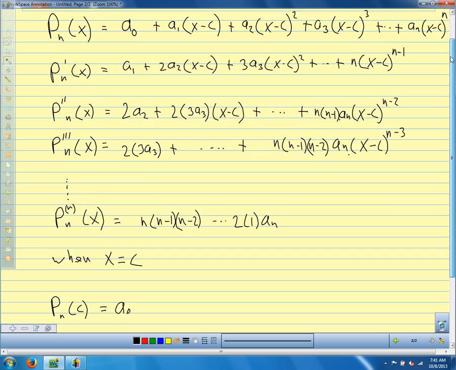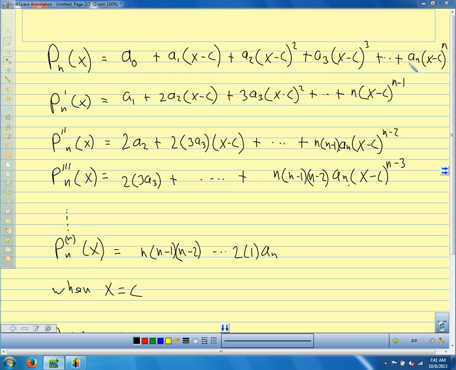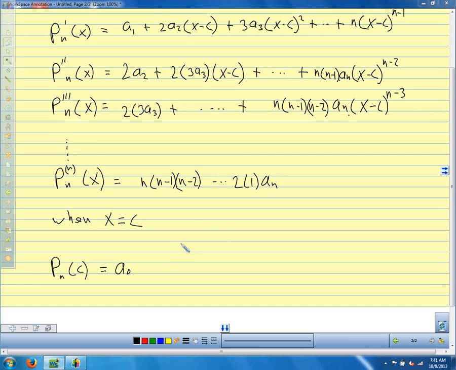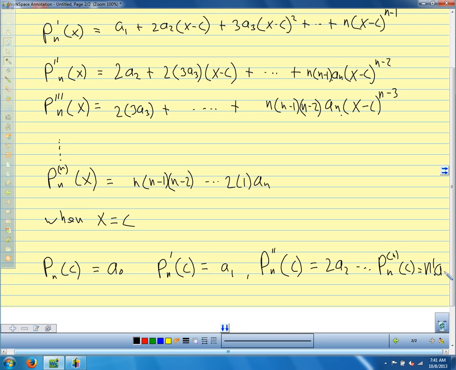When I plug in c here, all of these terms go away, and I just get this first term. I get that p sub n prime at c equals a1. P sub n double prime evaluated at c equals 2a2. And I continue, and at the nth derivative, the nth derivative of p sub n is n factorial times a sub n.